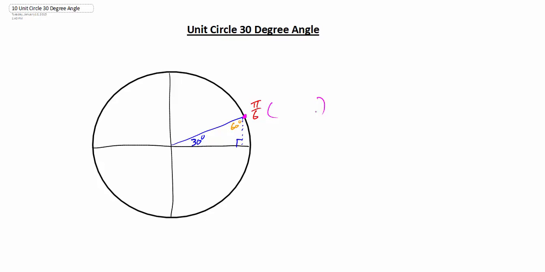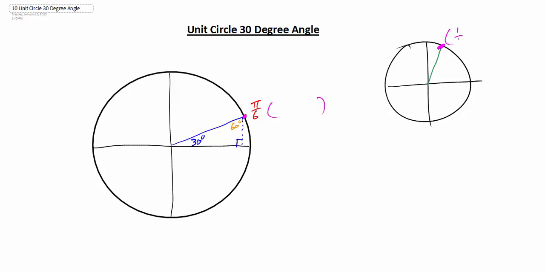Now, if you think back to the previous video for a 60-degree angle, you redraw another circle here, and the 60-degree angle was located up here. We found this point for the 60-degree angle to have x coordinate 1/2 and y coordinate square root of 3 over 2.